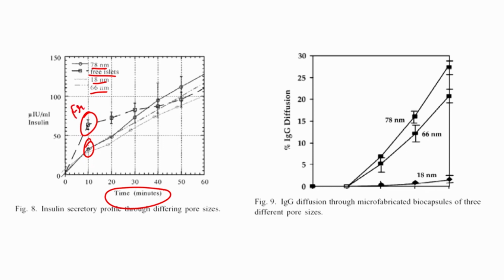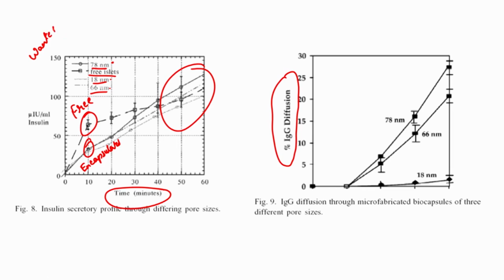This is free islets, this is encapsulated, but eventually what we are seeing is that for all these three sizes, 18, 66 and 78, you get a fairly good diffusion of the insulin, very comparable to free islets at a period of 1 hour. But what happens to an antibody, which is something that you want to prevent? This is for something that you wanted to diffuse, this is something you want to prevent.